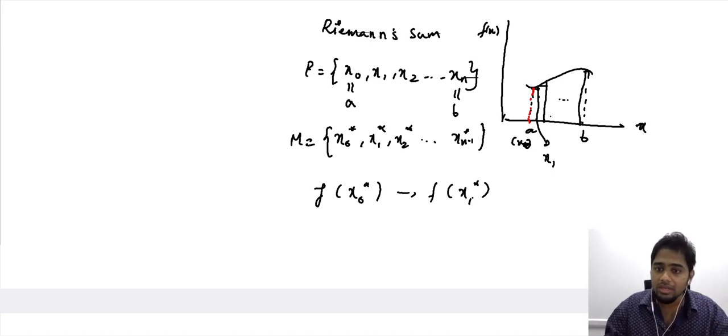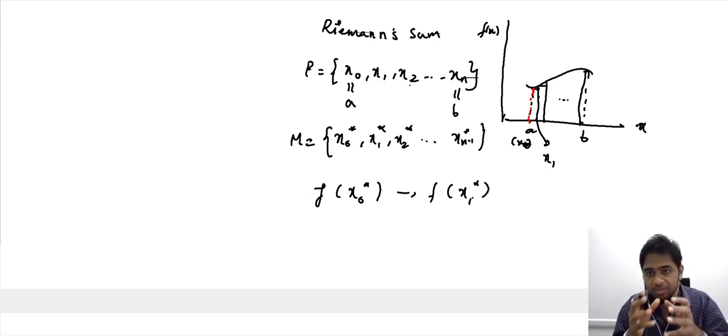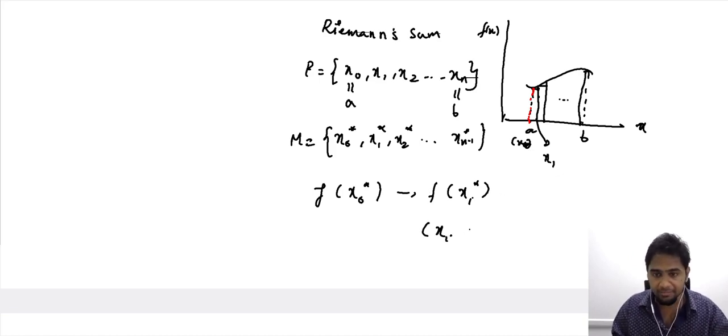Now the width of these rectangles is nothing but the difference between these two points that we have already introduced to separate the area under the curve into rectangles. So the width of these individual rectangles is x of i minus x of i minus 1. So this is the width of the rectangle.